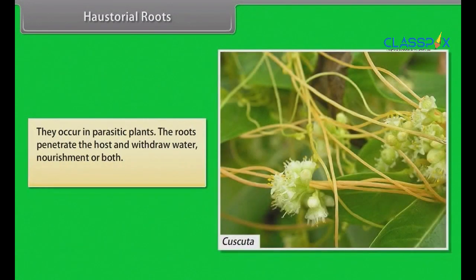Haustorial roots: they occur in parasitic plants. The roots penetrate the host and withdraw water, nourishment, or both. Examples: Cuscuta, Viscum.